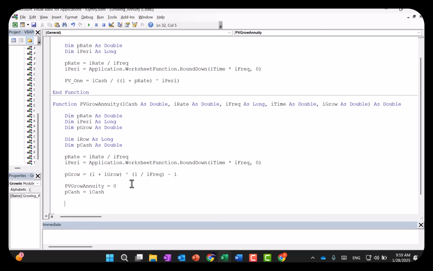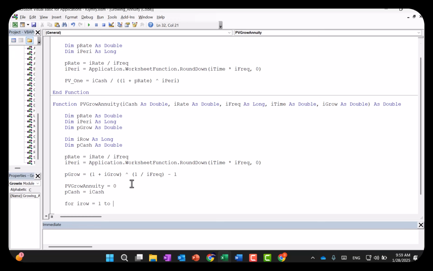All right, now we're going to loop. I don't have to separately store payments for all periods. All I need to know is the payment the period before. So we're going to loop using the for next loop for IRO equals 1 to iParry.